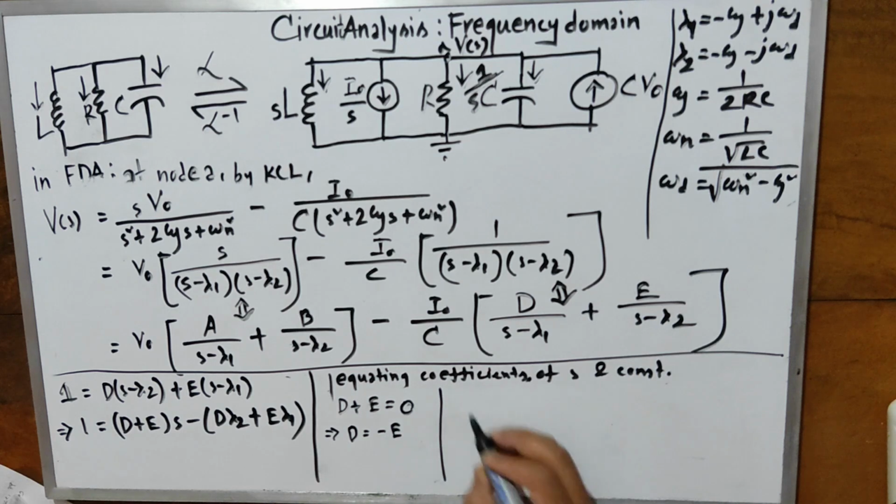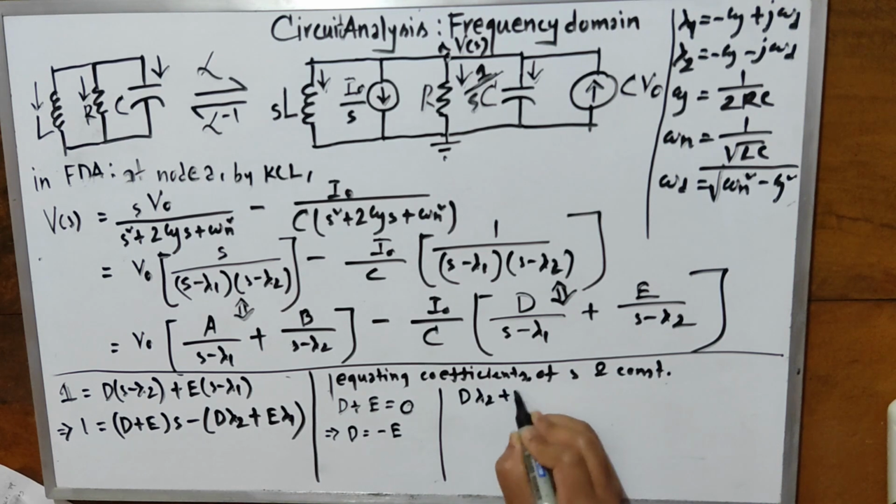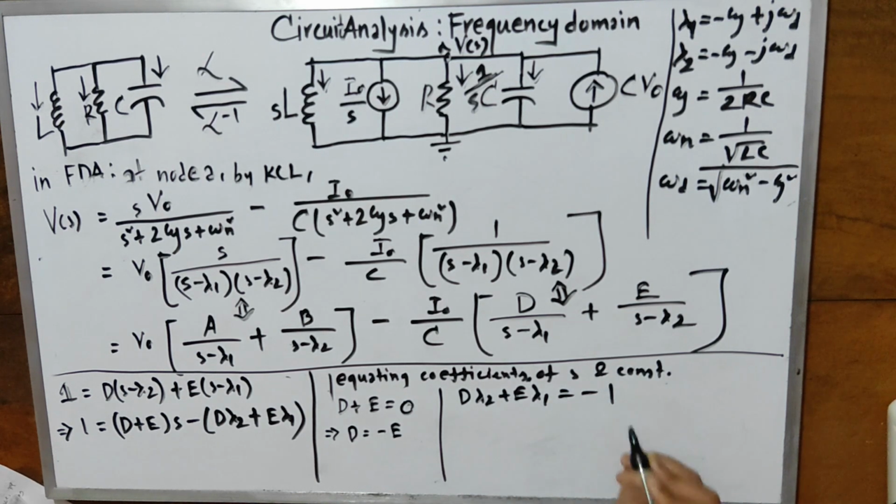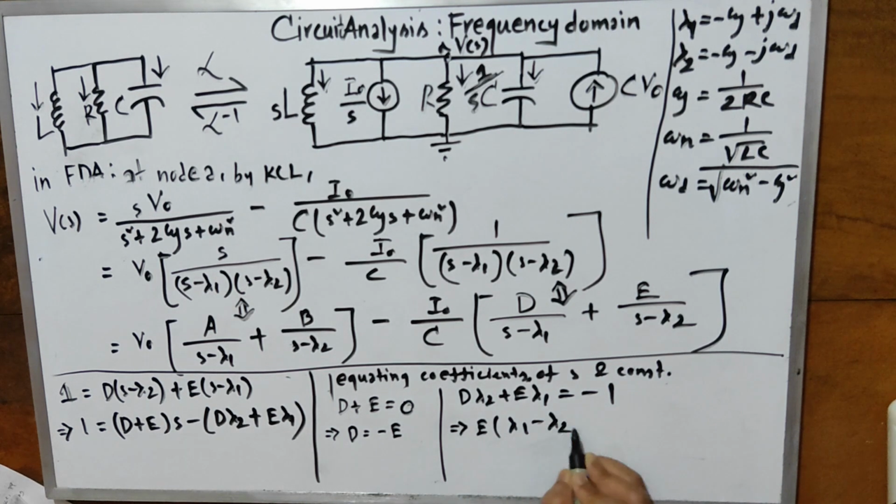And d lambda 2 plus e lambda 1 equals minus 1. So this minus will go to this side. Now if I substitute for d, it will be e lambda 1 minus lambda 2 equals minus 1.